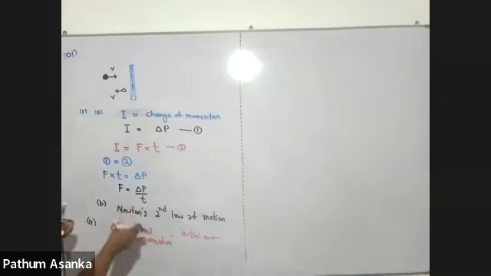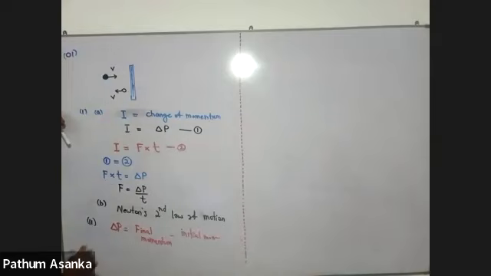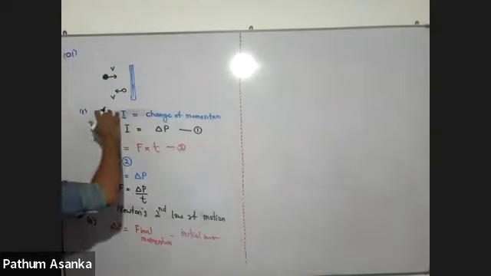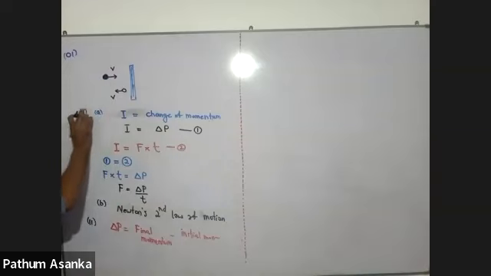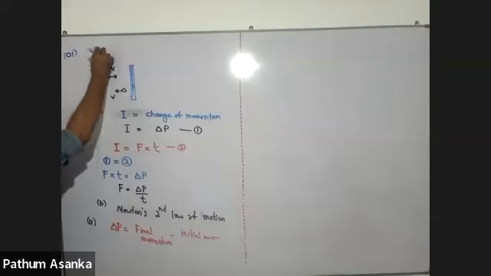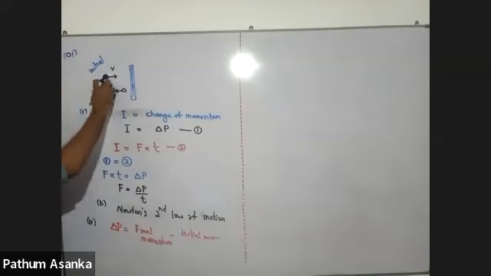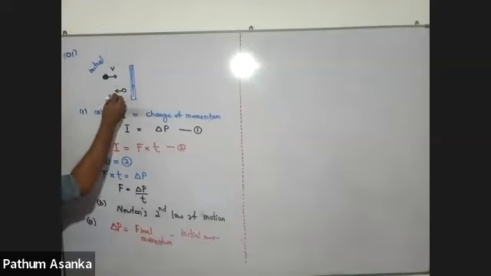Right. Let's focus on this diagram. According to this diagram, this is the initial, or before the collision of this molecule, right? So this is the after, that means the terminal one or the final one, right?